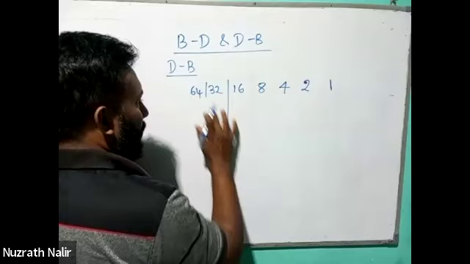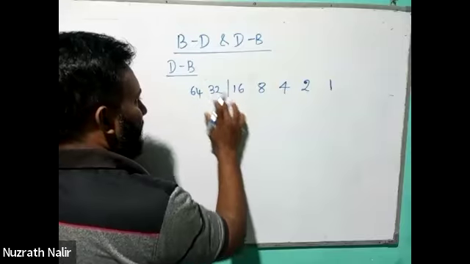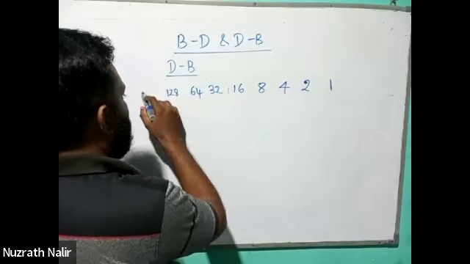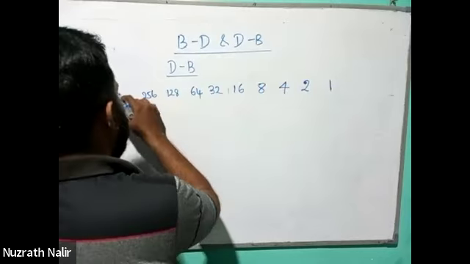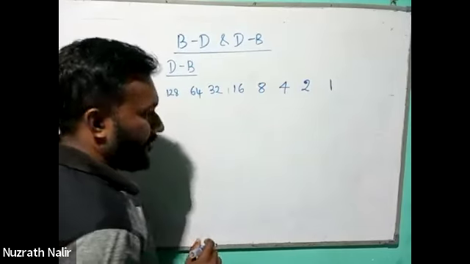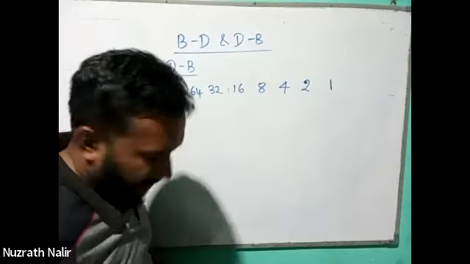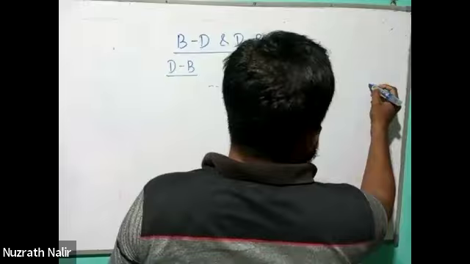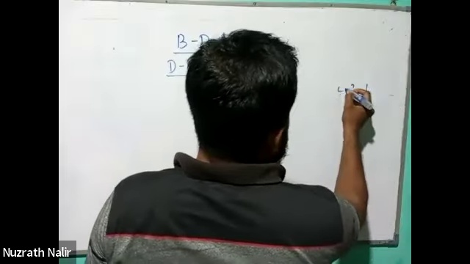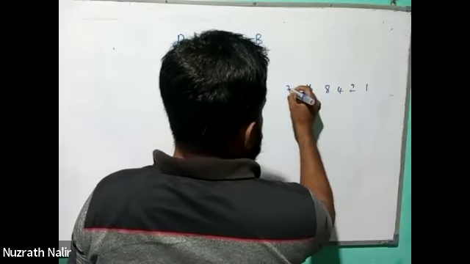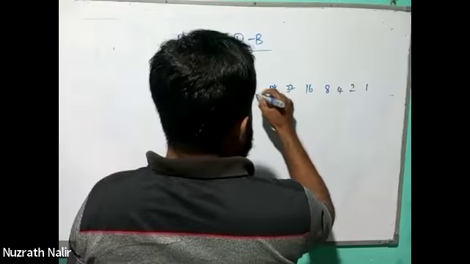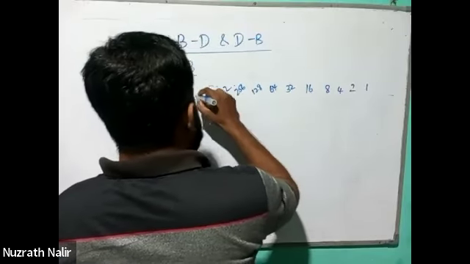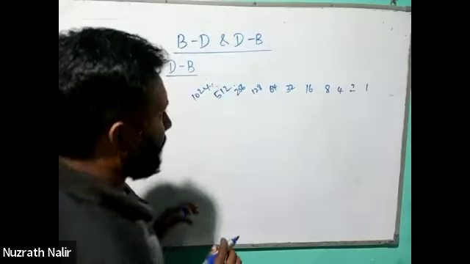Even if you don't want to write it down. 64. Then 128, 256, 512. So I'll write it down again from this point. Then it's easy. 1, 2, 4, 8, 16, 32, 64, 128, 256, 512, 1024.